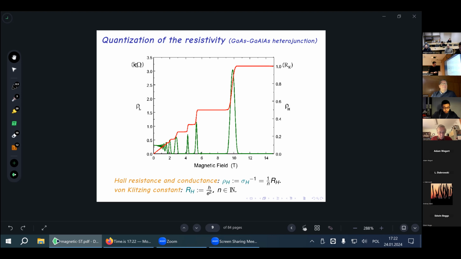You can see that you have these plateaux, which are very quantized. But the quantization just fixes the number; it is also important to explain why this plateau exists.